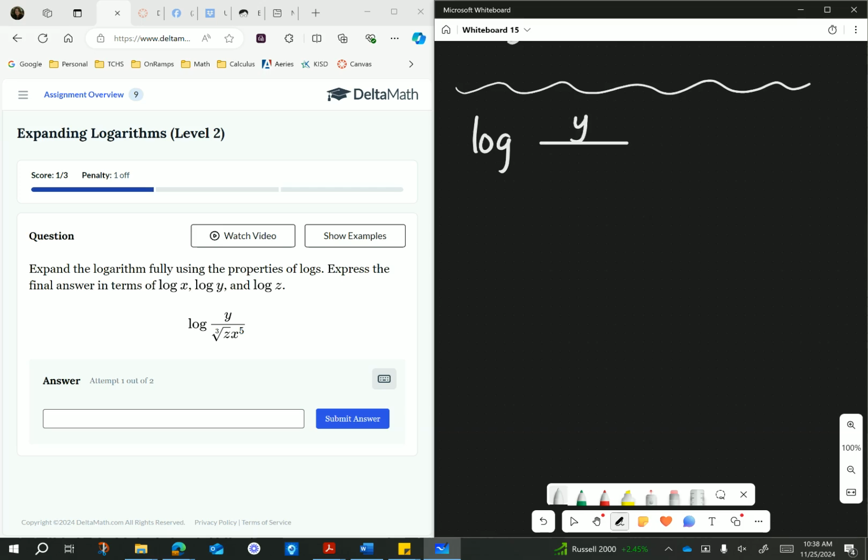So it's y over the product of, so that z has an invisible 1, so I'm just going to go ahead and write it as 1/3, and then it's multiplying, even though we don't have the dot there, it's multiplying by x to the 5th.